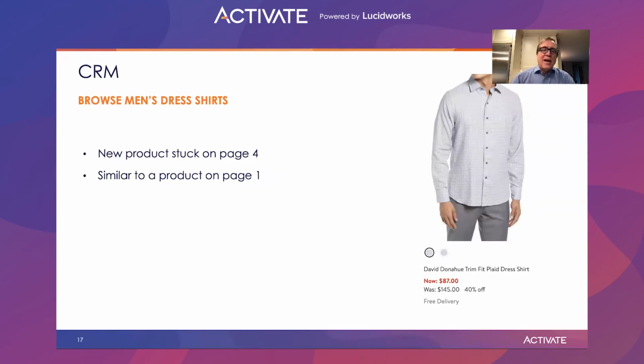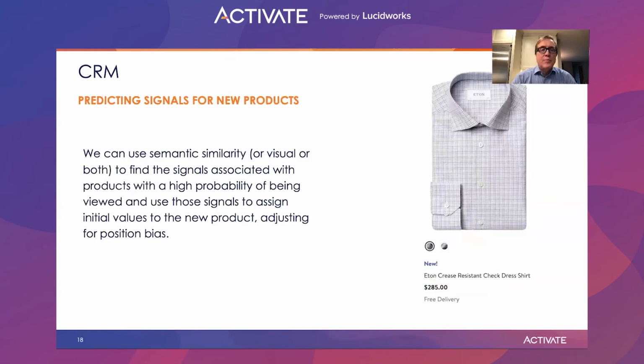Then if we can identify that these two products are similar, then we can give an appropriate boost to that new product based on some weighting of the signals that are associated with this similar product here. So maybe we use a semantic similarity having to do with the description of the shirts, the textual description, or maybe a visual similarity, or maybe both.